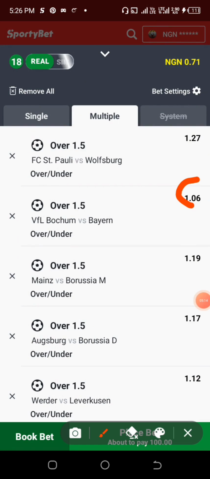Now let us check the odd to know if this particular odd meets the average point of the over 1.5 goals, because we have the average point of the over 1.5 goals for the match as 93%, and the odd allocated to it by the bookmakers happens to be 1.06. Now let's go to our calculator and see what we have there.